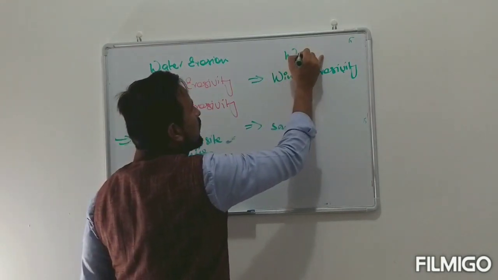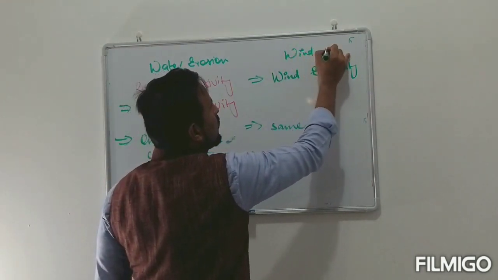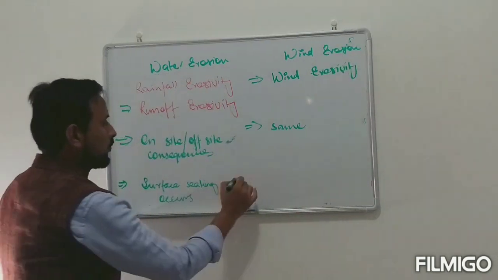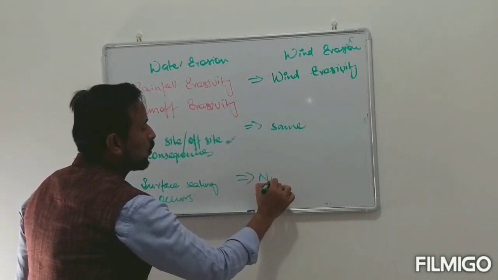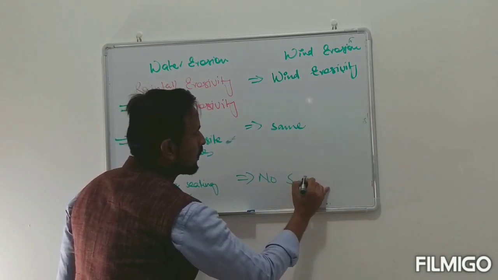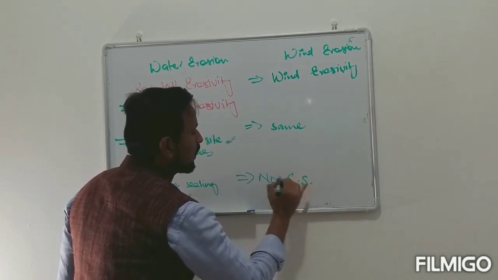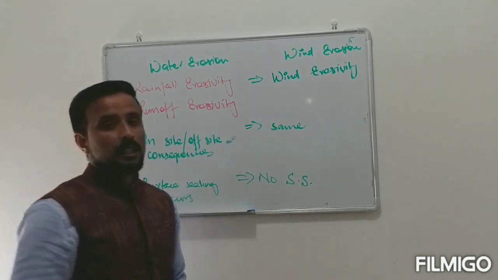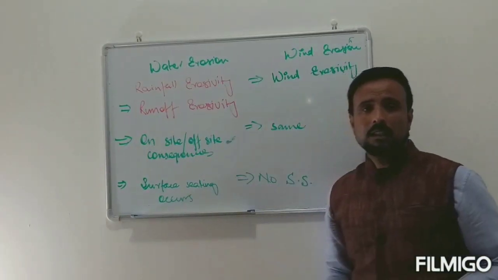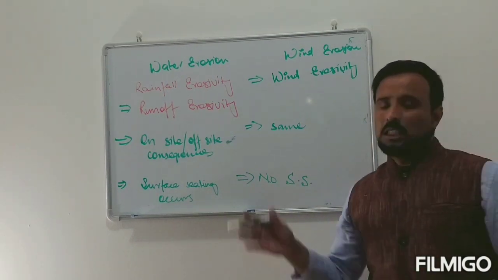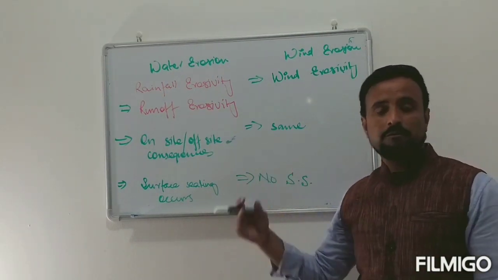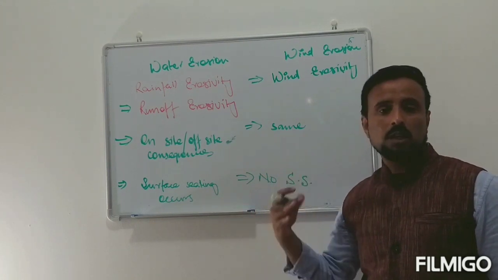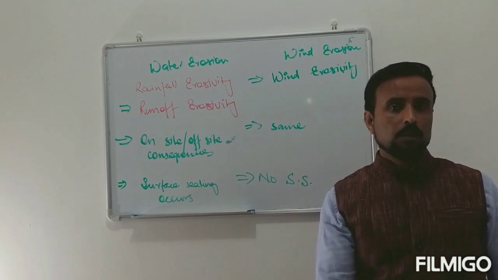This is wind erosion. But in case of this, no surface sealing occurs. Right. So these are the basic differences which you need to understand. They both have on-site, off-site consequences. The mechanism is the same. They both have detachment, transport, and deposition of the particles to particular places.